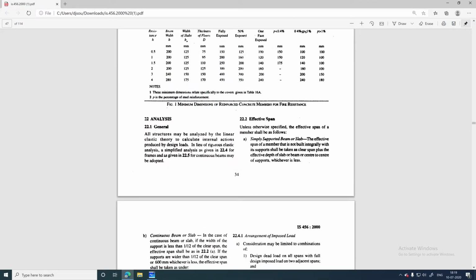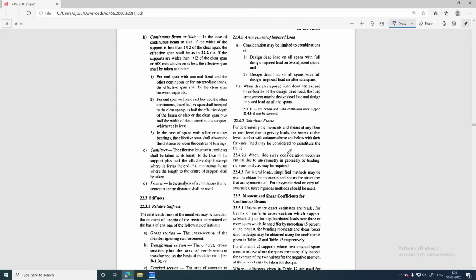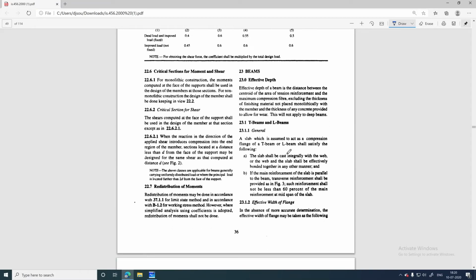Look, the effective span is calculated as per this, because it is a simply supported one. For simply supported case, it is either the clear span plus the effective depth of the slab or beam, or the center to center distance that we have calculated. Now the second one, the check for the deflection.